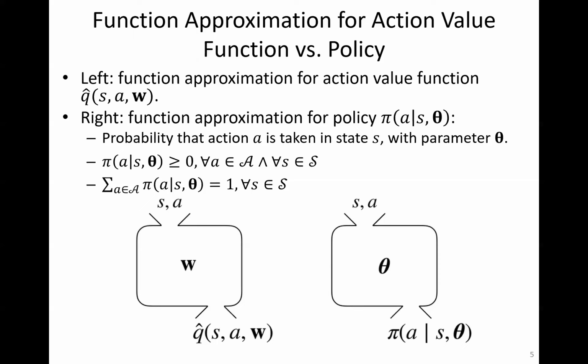So pi(a|s, theta) denotes the probability that action a is taken in state s with parameter theta, and as a probability, it's always positive or 0, and it sums to 1 over all actions.